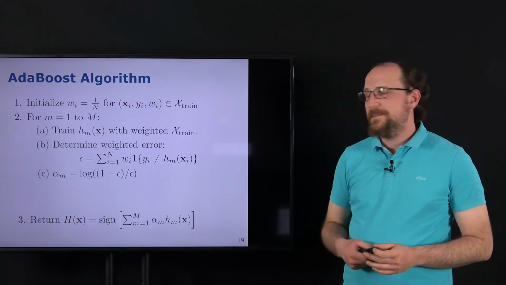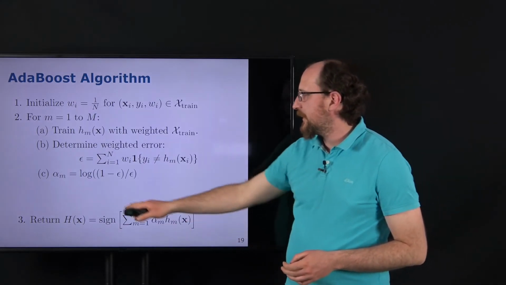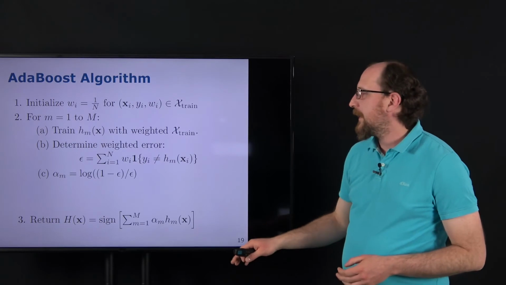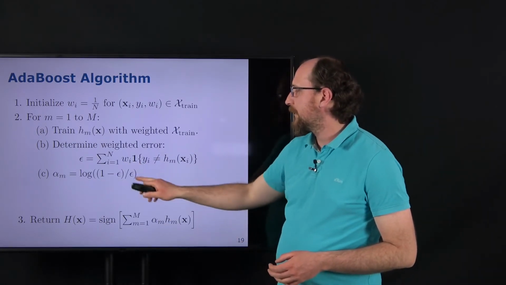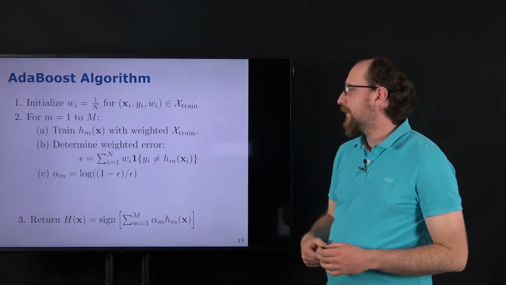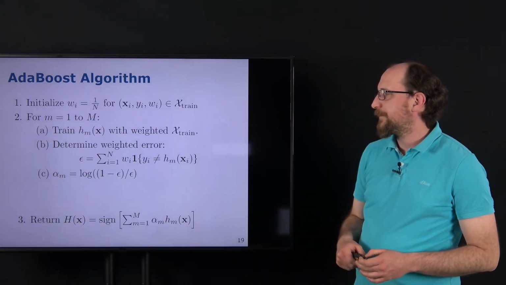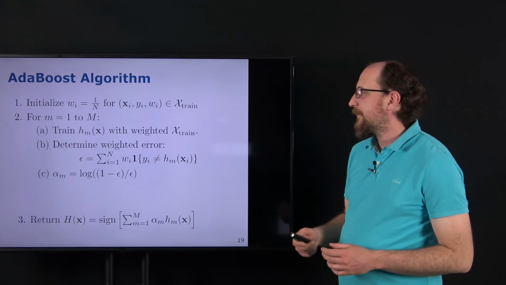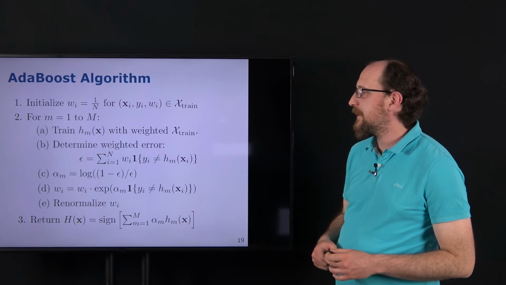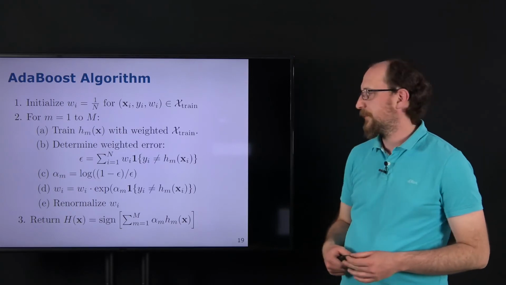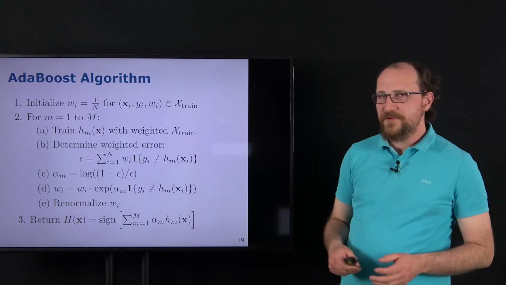Then we determine the weight that we use later. This is just the logarithm of 1 minus the error rate, divided by the error rate. This comes from the derivation. And the weight is now updated as follows. This is somehow the magic part.